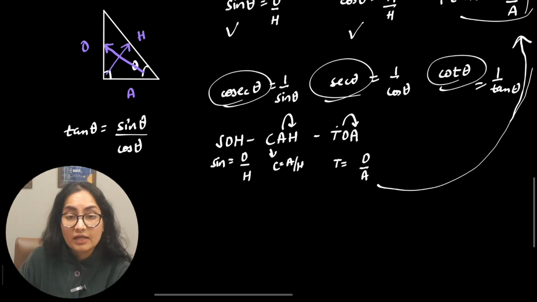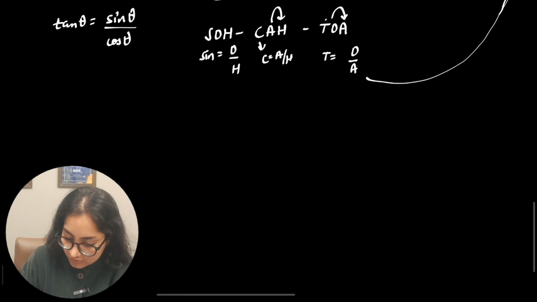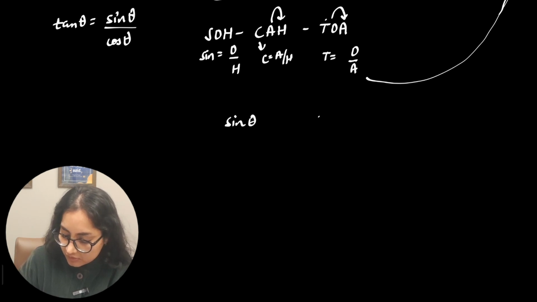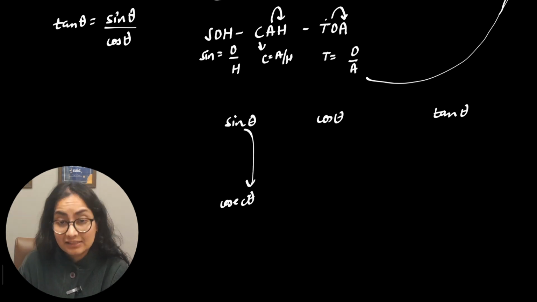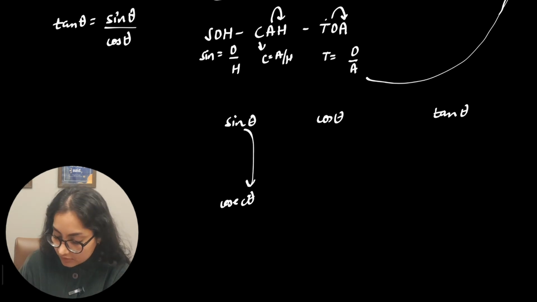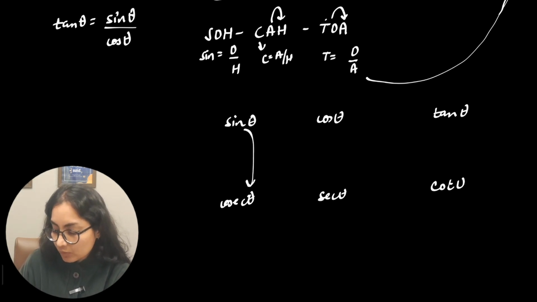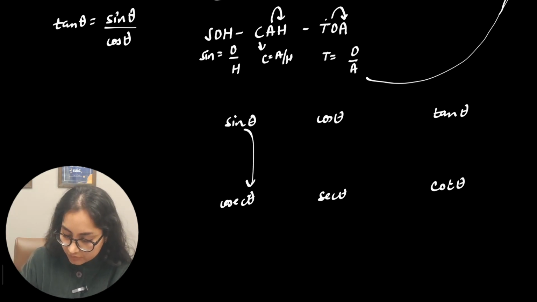So I'm going to recommend you write it in such a way: sine theta, cosine theta, tangent theta, cosecant theta, so that you know that cosecant theta is the inverse of sine theta, secant theta is the inverse of cosine theta, and cot theta is the inverse of tangent theta. So you can learn this using SOHCAHTOA.